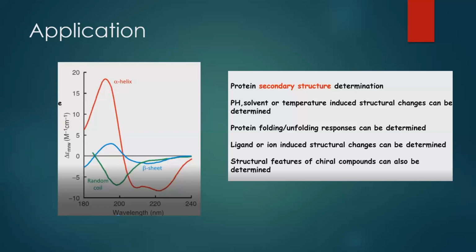The structural changes induced by the various factors can be studied using circular dichroism spectroscopy. The various patterns of folding and unfolding can also be determined, and the influence of ligand and ion on the structural changes can be determined. Also, the structural features of chiral compounds can be studied using circular dichroism.